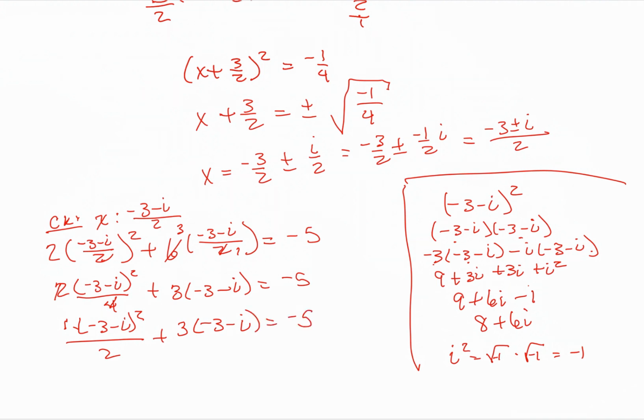So now if I change this numerator, this is 1/2 times 8 plus 6i. So 1/2 times 8 plus 6i minus 9 minus 3i equals negative 5.